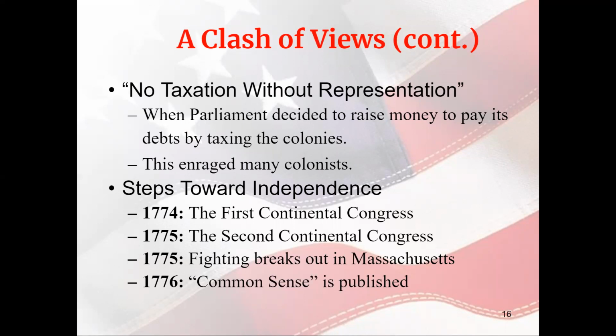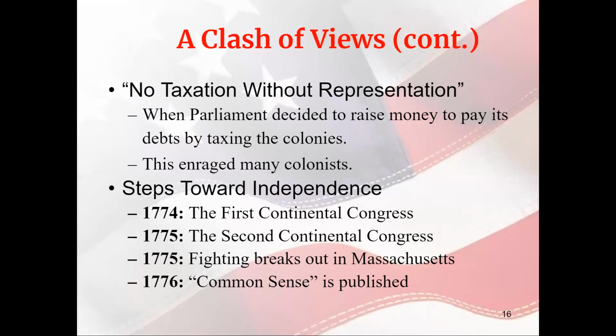This enrages the colonists. They are not being represented within Parliament. Remember, they can't vote people in, they can't hold office, and then adding on the fact they can only trade with England, this taxation further enrages them.